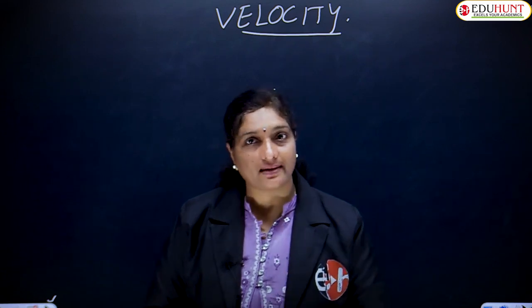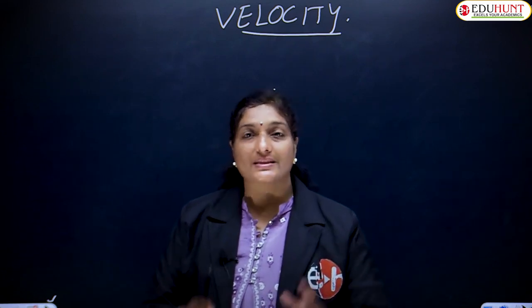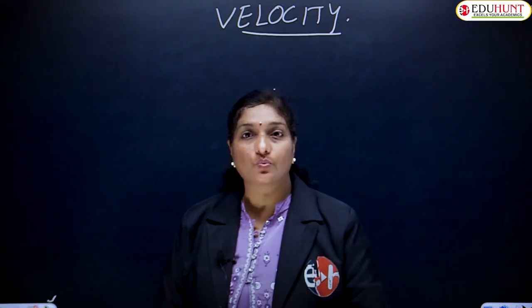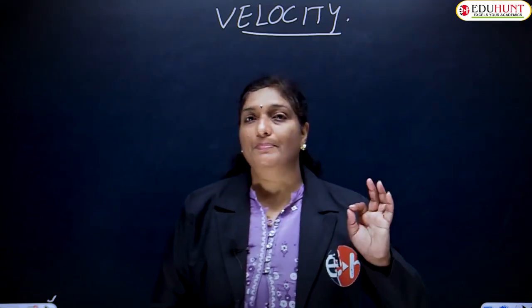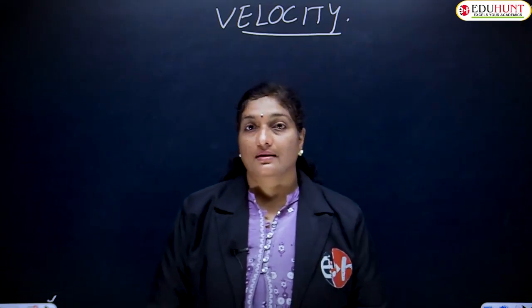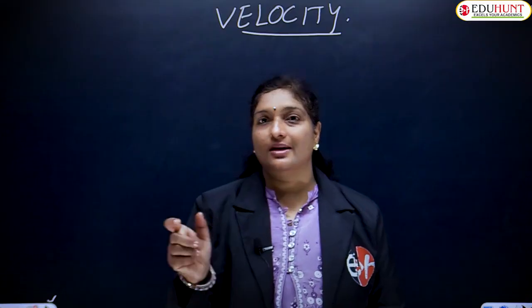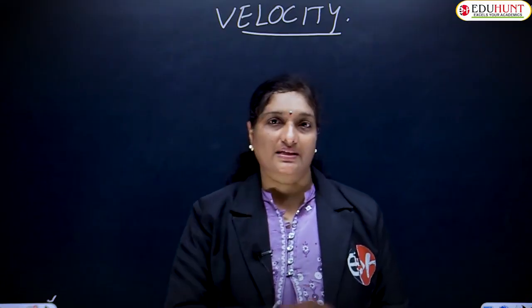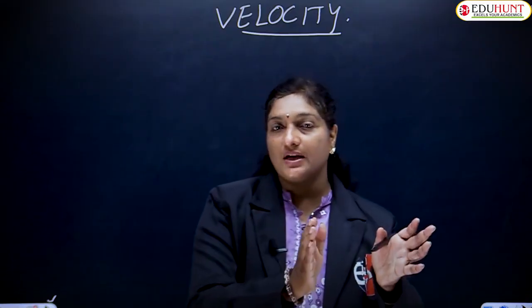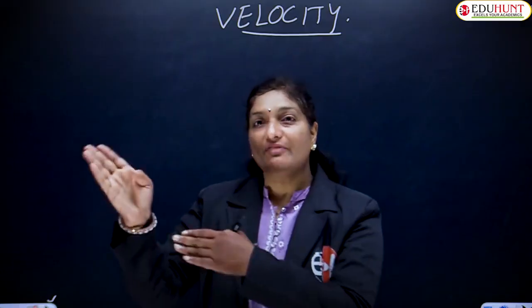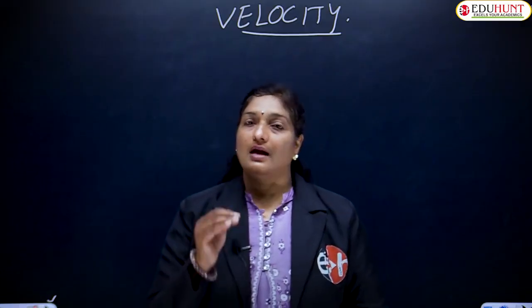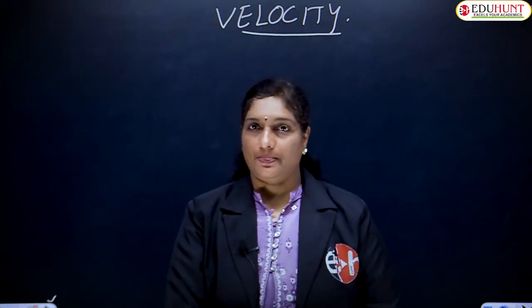But if we say that the car moves with 10 meter per second towards east, then the picture is very clear. This introduces the concept of velocity. That means speed of the car in a specified direction comes under velocity.